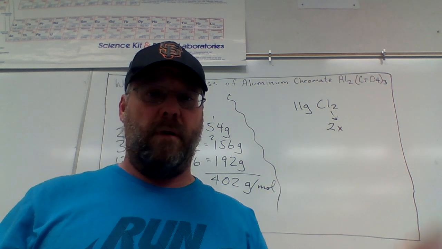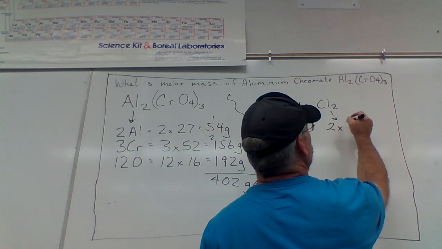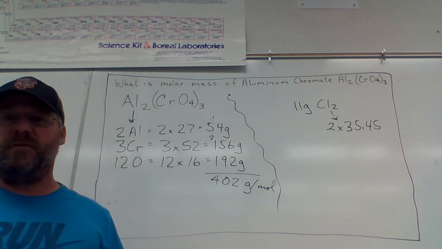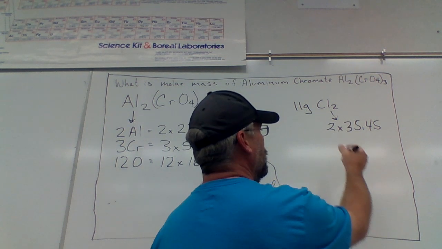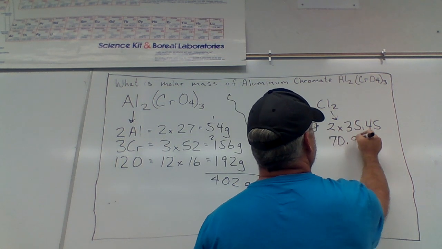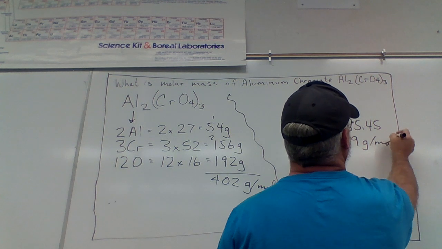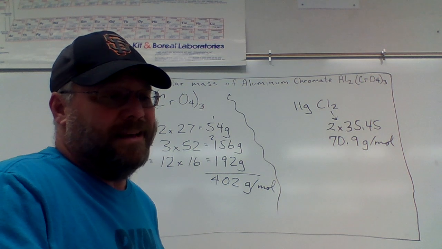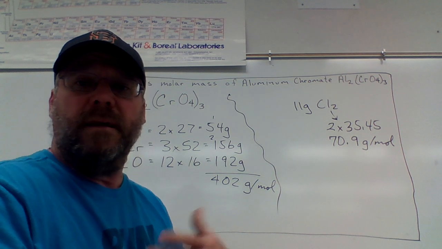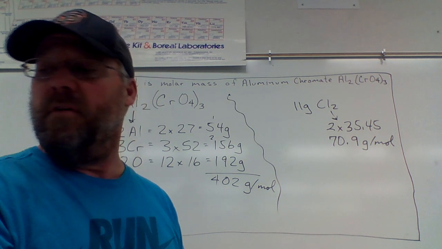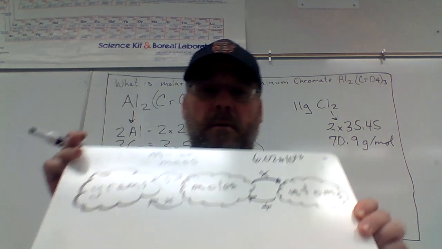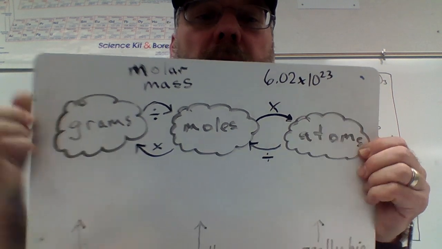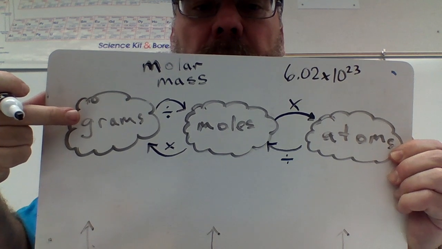Otherwise, just round them up or round them down. So if we look at chlorine, it's 35.45. And so if I take 2 times 35.45, I end up with 70.9 grams per mole. And from there, to go from the 11 grams to the number of moles, I go back to my little schematic and I'm looking at the number of grams, which is right here, 11.